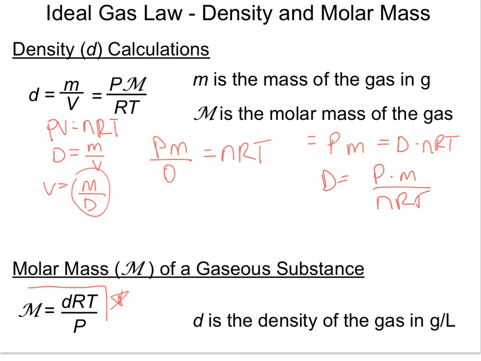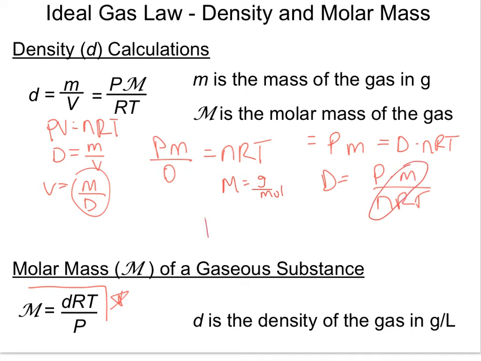So we have our pressure variable, our mass variable, moles, R and T. Having mass over moles will give us the same units as molar mass, because as you know, molar mass is equal to grams per mole. So we have both of those units present here and in the right position.